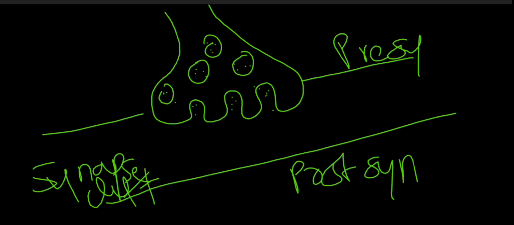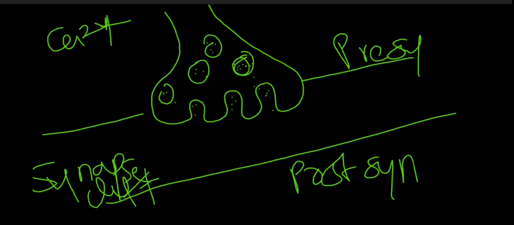So what happens when an action potential or a nerve impulse comes? The calcium channels which are present will open and calcium will be released, and this calcium will cause the vesicles to fuse at the presynaptic membrane.